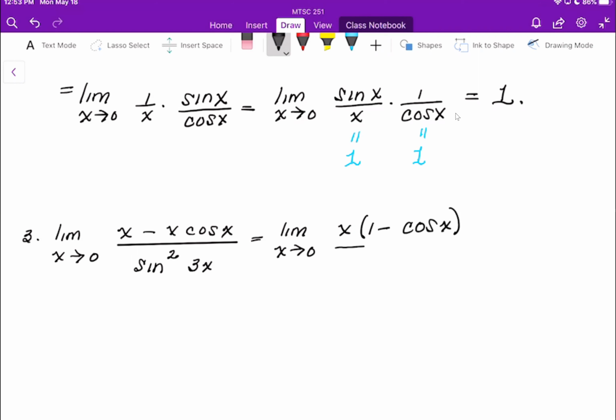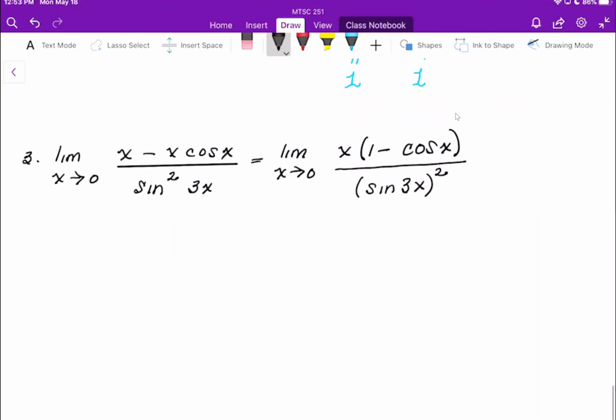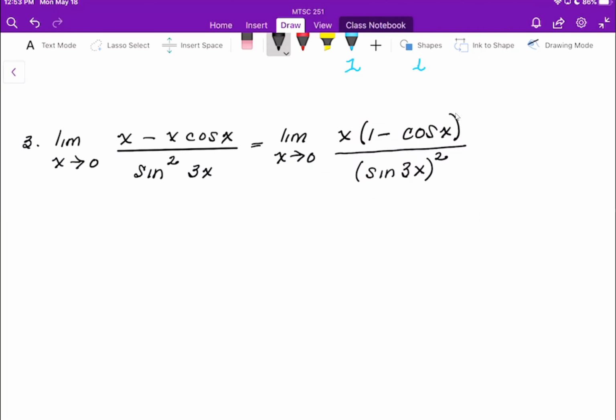And then I'm going to write the denominator as the sine of 3x quantity squared. So this is the limit as x approaches 0 of x times 1 minus the cosine of x over the sine of 3x squared.